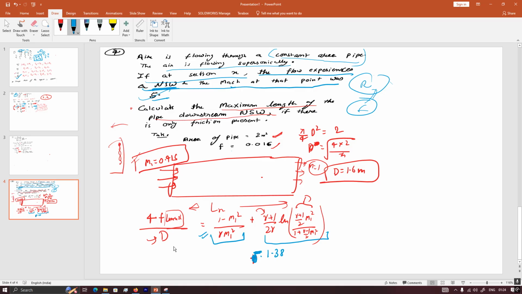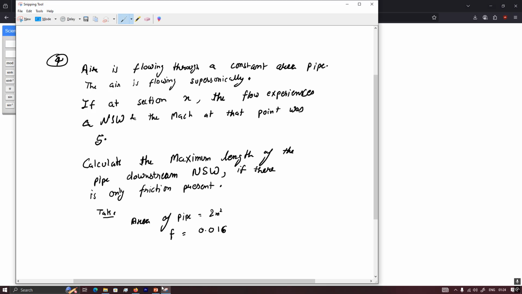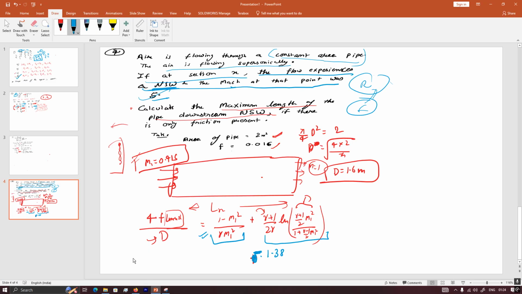Now I have to calculate this part, which is 1 minus M1 square, so 1 minus 0.415 square divided by 1.4 into 0.415 square. This part is coming to 3.433, you can write 3.43.